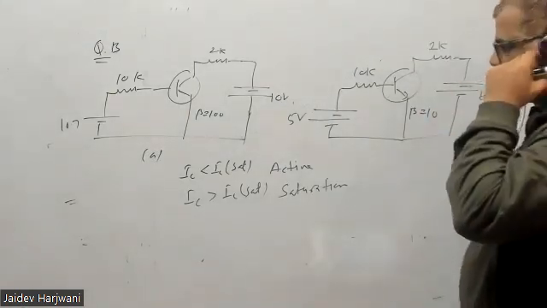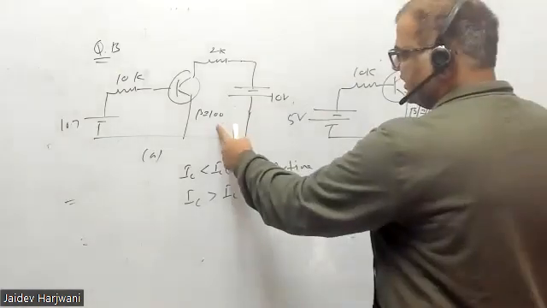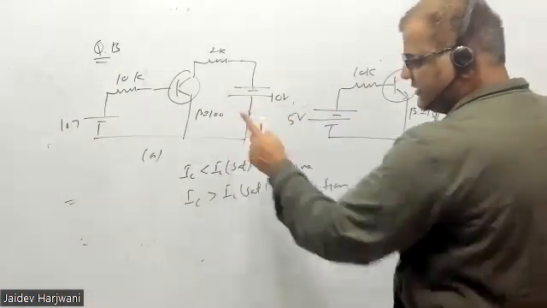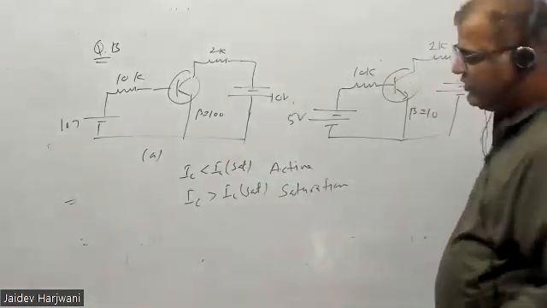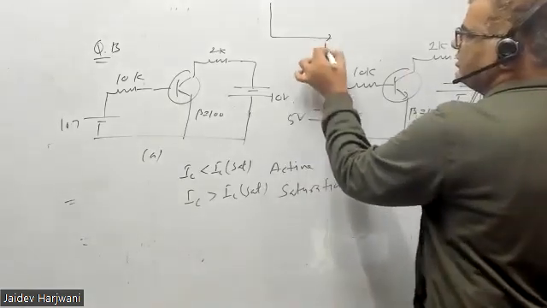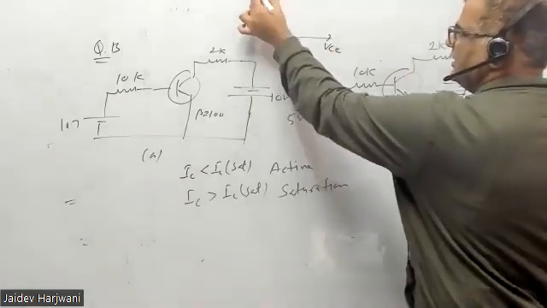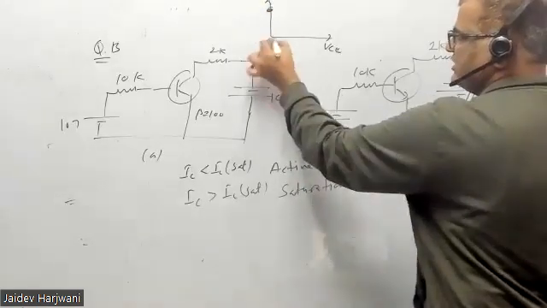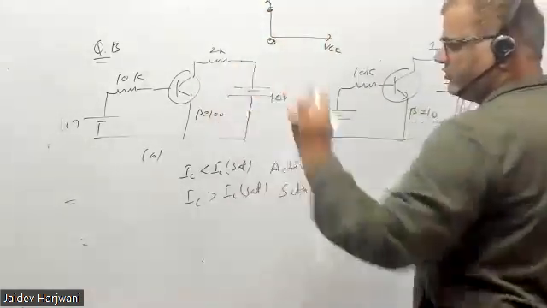Okay, so you have to find the IC in this circuit and IC in this circuit. Always remember, to get IC saturation, you have to put VCE 0. Just now I plotted a graph, VCE and IC. So if you want IC saturation, you put VCE 0 in the outer equation.